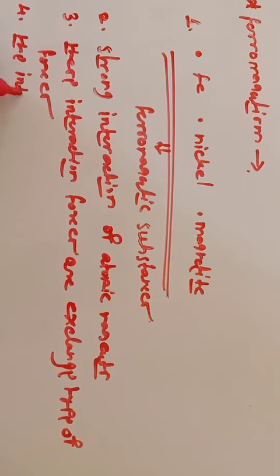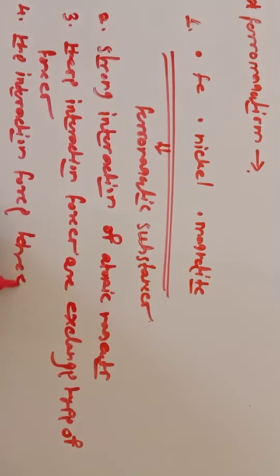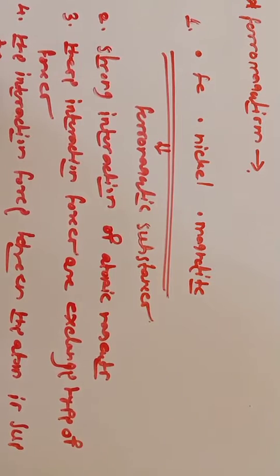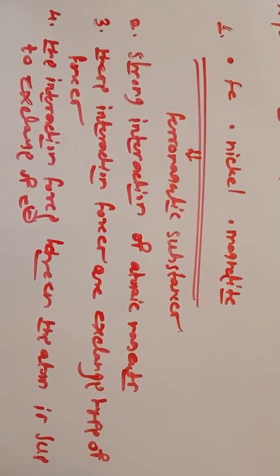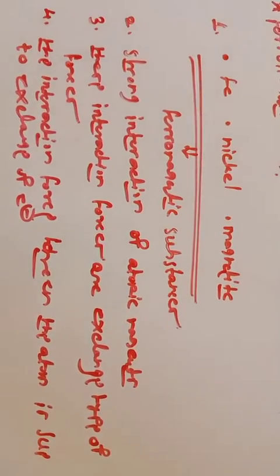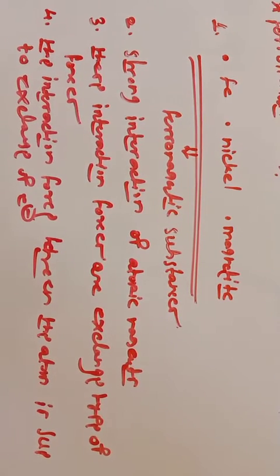So whenever we consider a ferromagnetic material, it is made up of iron, nickel, magnetite.